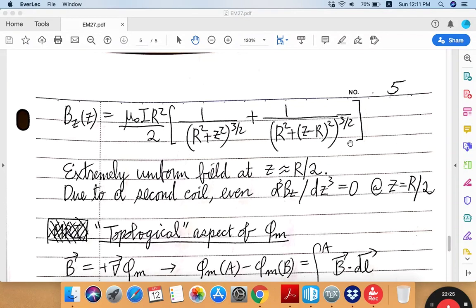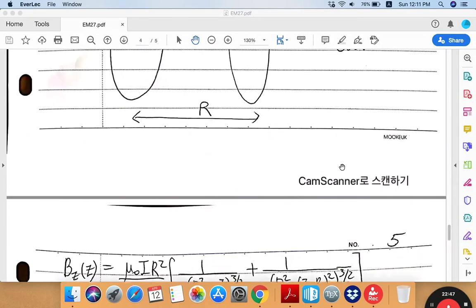So therefore, in this geometry of two identical coils separated at a distance equal to their respective radii, you expect an extremely uniform magnetic field in the vicinity of the midpoint. Okay, so that was the design principle behind what's known as the Helmholtz coil.